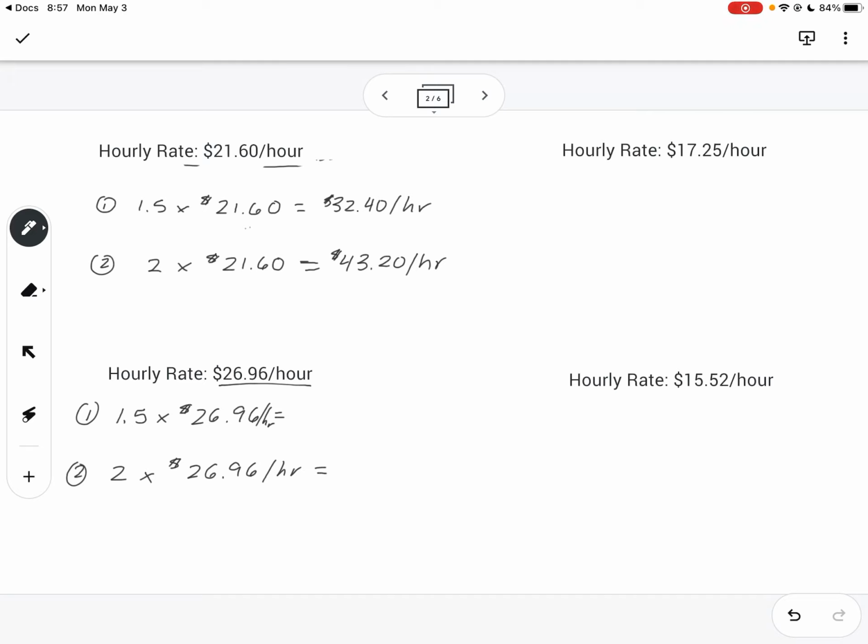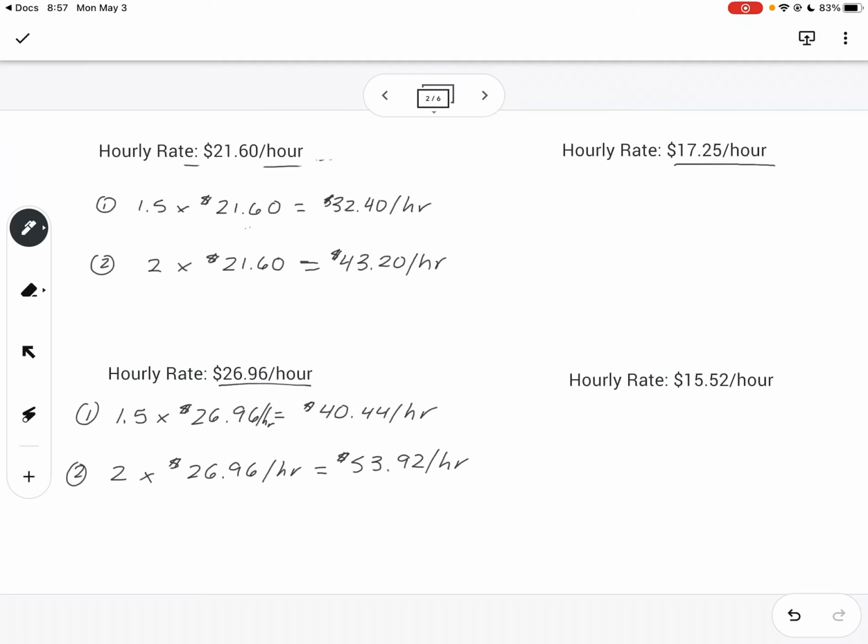So for 1.5 times, we've got 1.5 times 26.96, so $40.44 per hour. And then for double time, we've got 2 times 26.96, which is going to give us $53.92 as our double time.